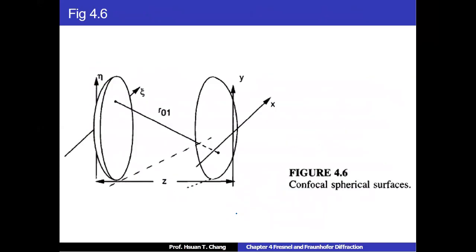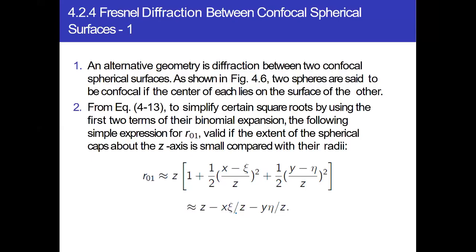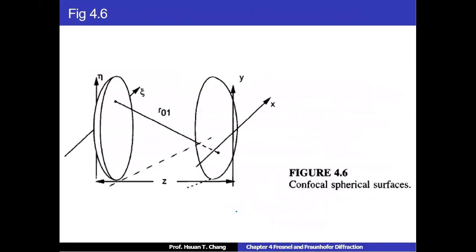So you can have some arguments about the Fresnel diffraction between confocal spherical surfaces and like this. Instead of a plane, they have some kind of confocal surfaces. In fact, this is widely used for microscopy.